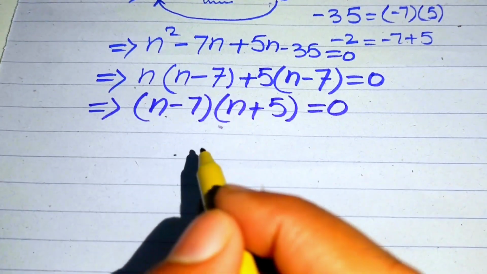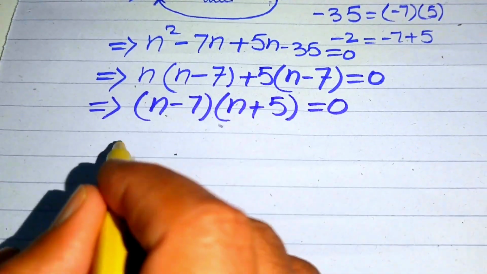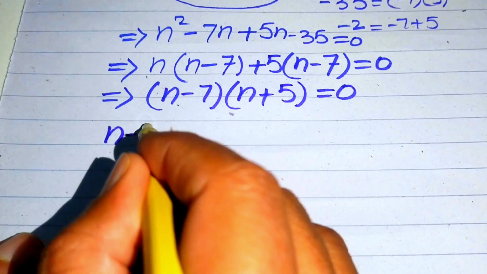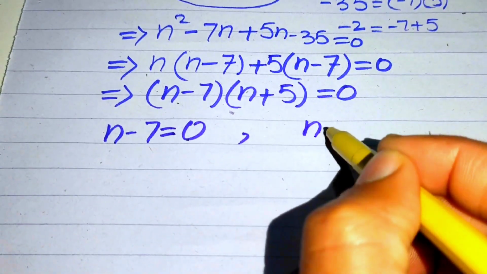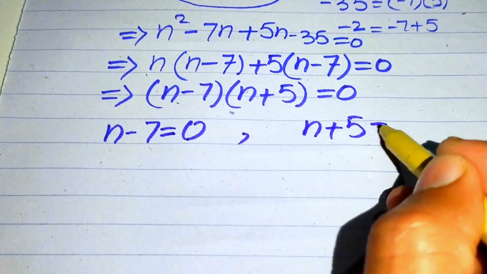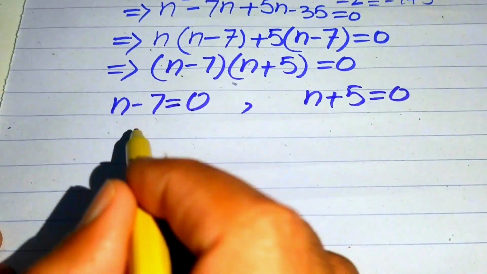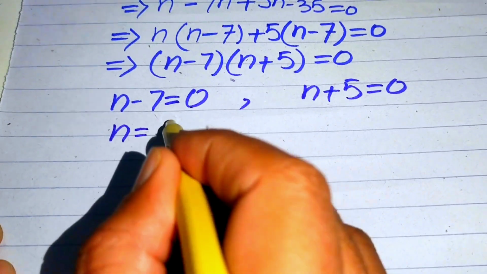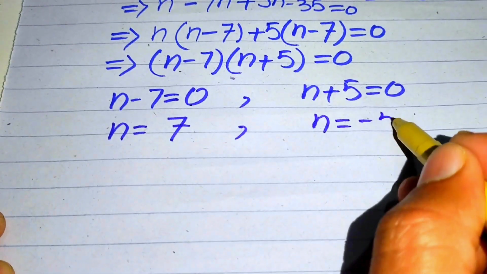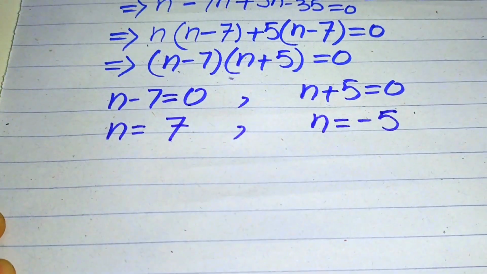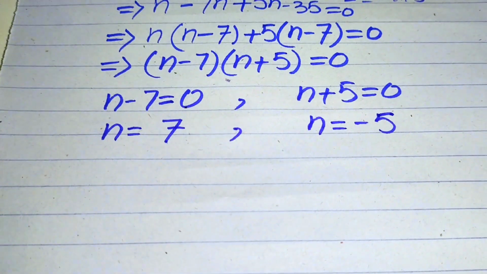Here we divide this into two cases: n minus 7 equals 0, and the second case is n plus 5 equals 0. So in the first case we get the value of n is 7, and in the second case we get the value of n is minus 5.